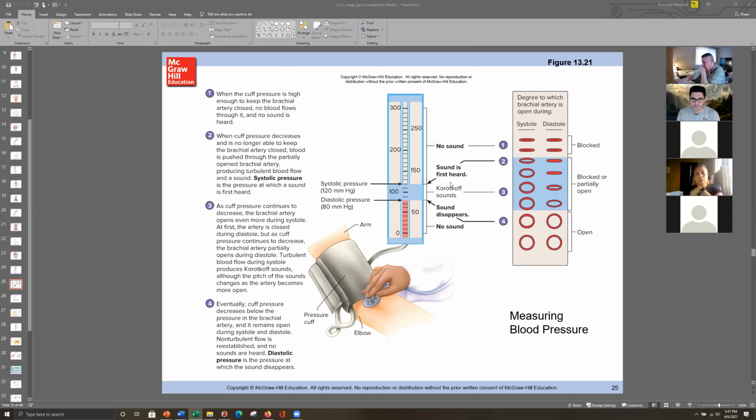So systolic pressure, remember, if we're talking about ventricular systole, atrial systole, and then diastole, the systolic pressure is the active force that the heart is exerting against the wall of the artery. Every time your ventricles are contracting and forcing blood out, that is your systolic pressure, okay?